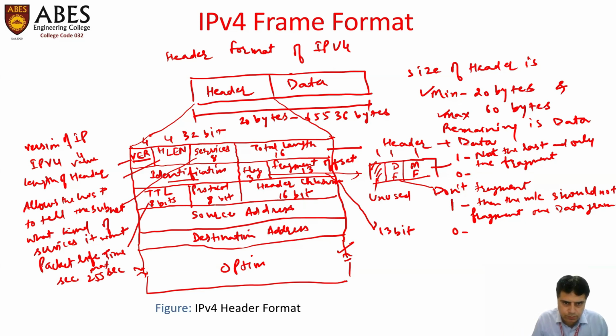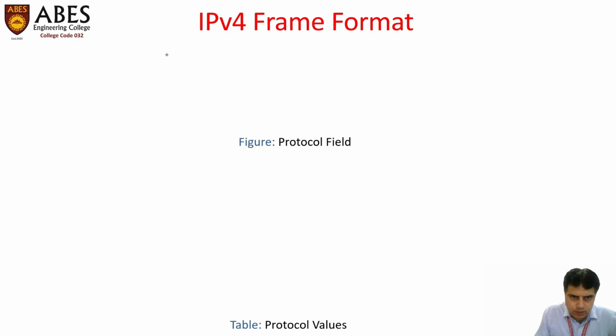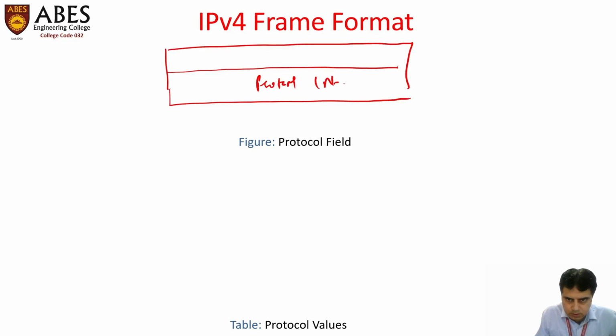Next field is protocol. This field defines which protocol uses the services of the IP layer, such as the upper layer TCP, UDP, etc. In the network layer, there is the transport layer above.